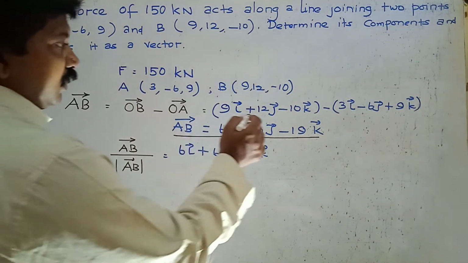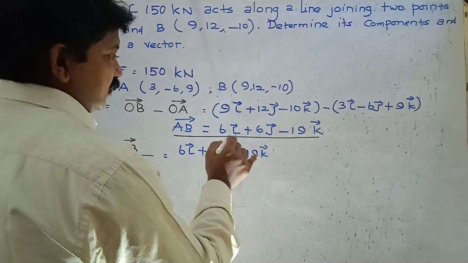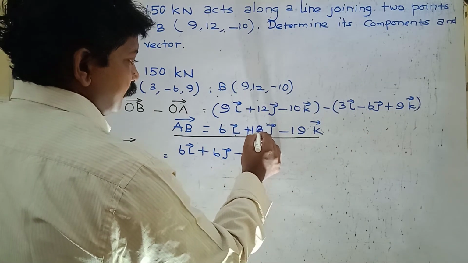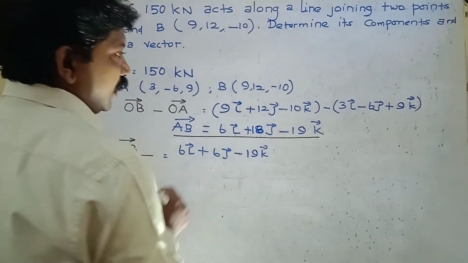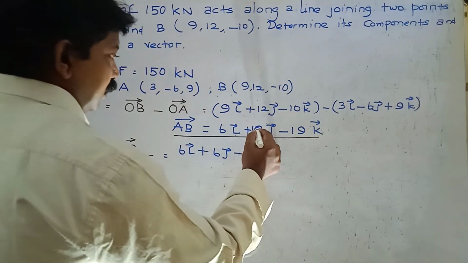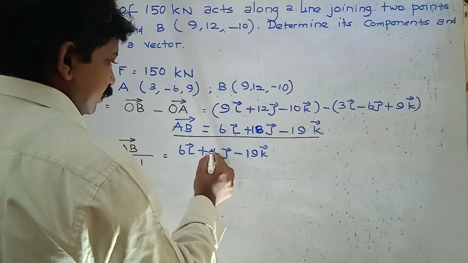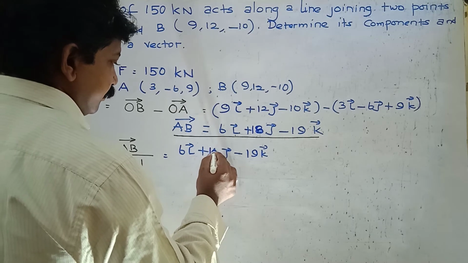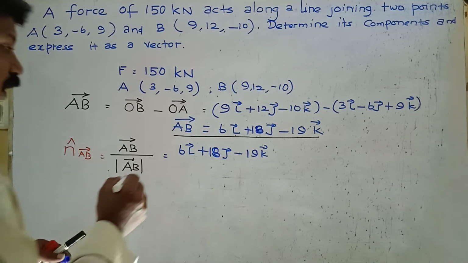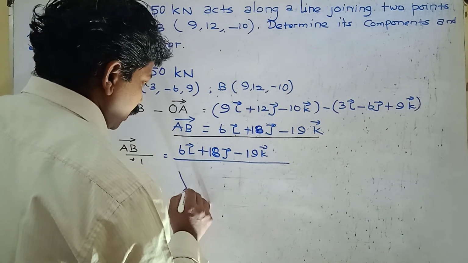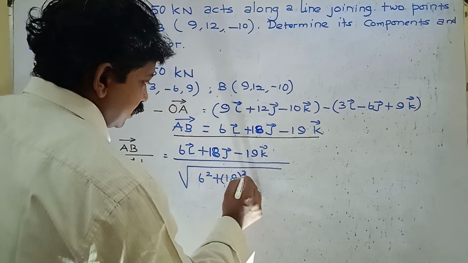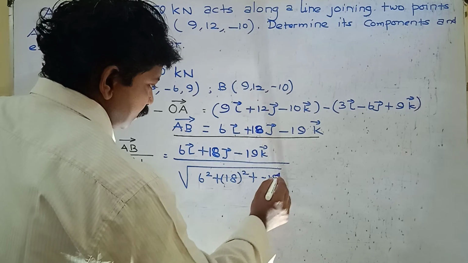Sorry, 9 minus 3, 6I vector, 12 minus of minus, plus, so 18J vector, divided by root of 6 square plus 18 square plus minus 19 square.